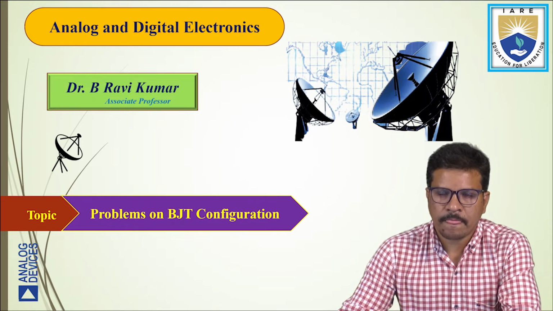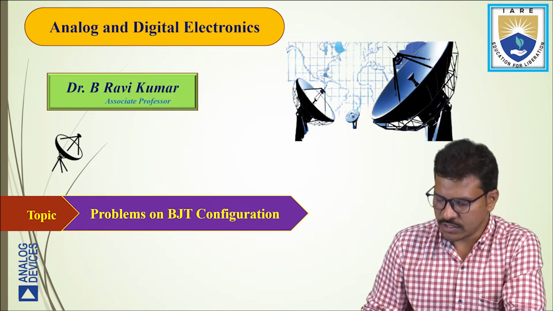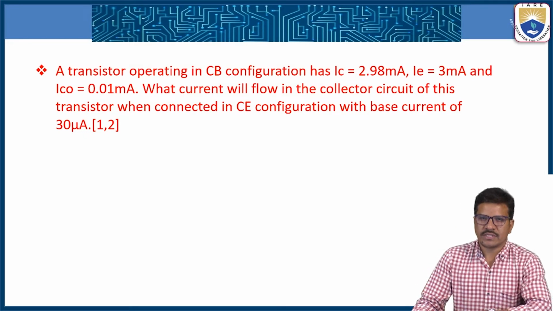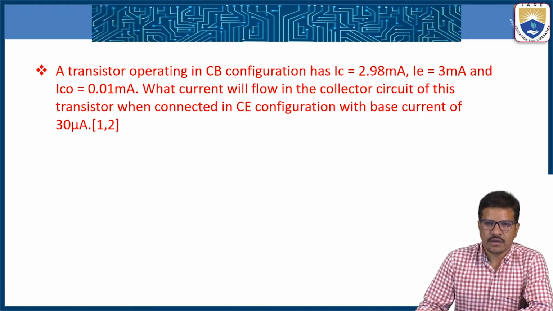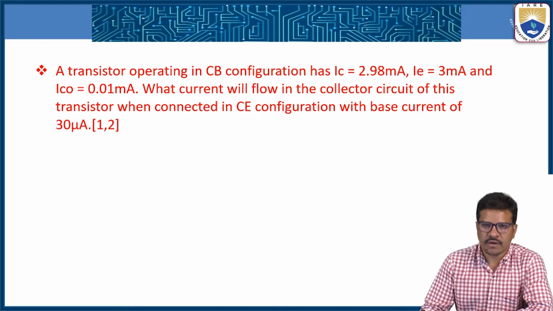So basically we have three configurations in BJT: common emitter configuration, common base configuration, and common collector configuration. How do we solve the simple problems in all these three configurations? Basically, these three configurations are the configuration of a transistor put in a network to understand the behavior of the transistor.